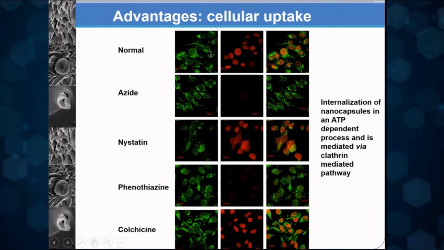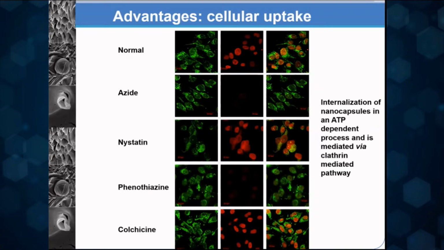So just to show you, these are the cancer cells, and essentially when you have the particles going in, you will see the fluorescence. And depending on the various inhibitors that are used, different sub-pathways of endocytosis are blocked.